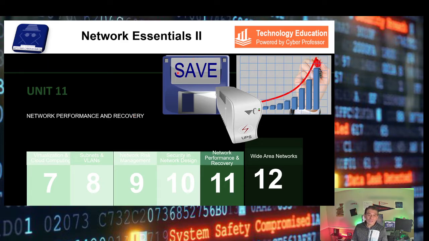That's the reason you see the save option right here. And make sure that the data for your network is backed up. Not only for the actual information that your users access, but also for the configuration of the network equipment that you guys are using at the company that you will be working for or that you are already working for.